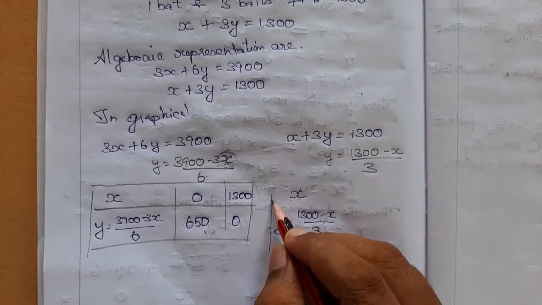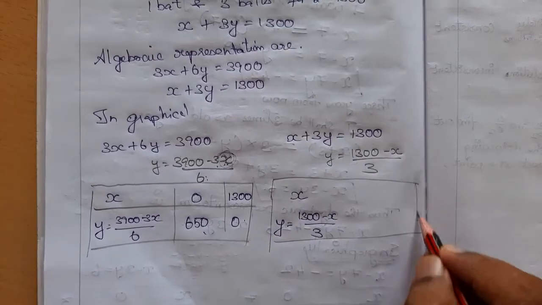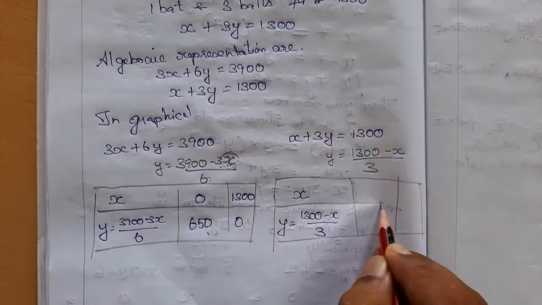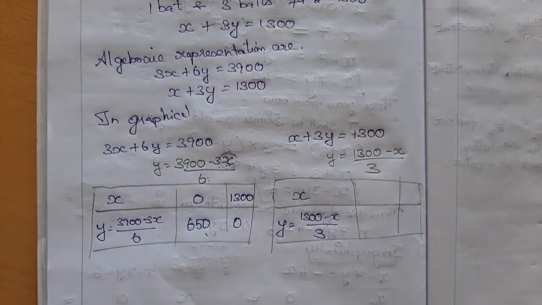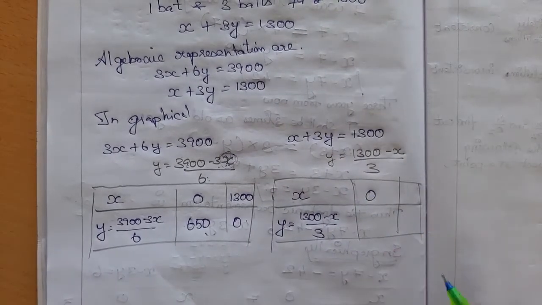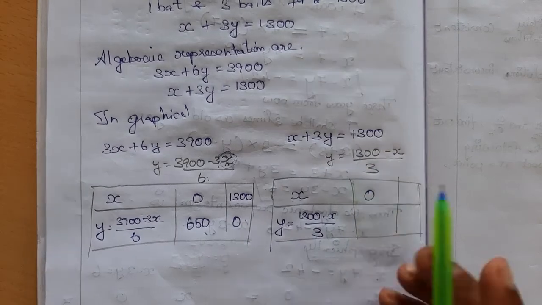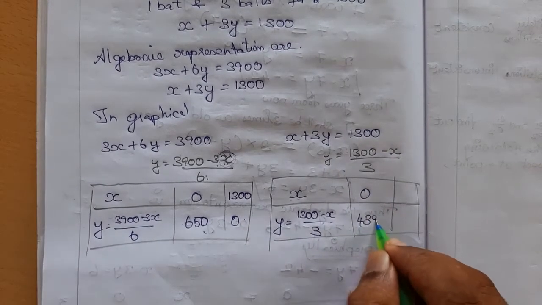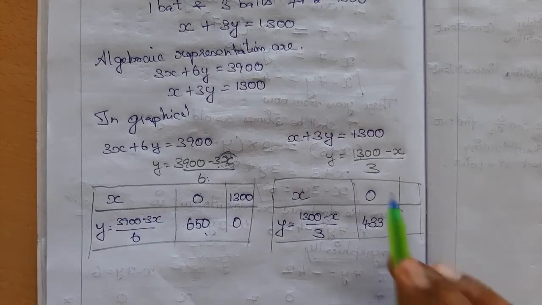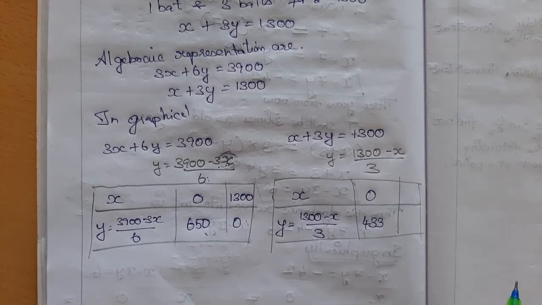So 2 points are enough to draw a line, two distinct points. As usual, I will consider 0 for x. So this term will become 0. 1300 by 3 is 433. If you divide, you will get 433.